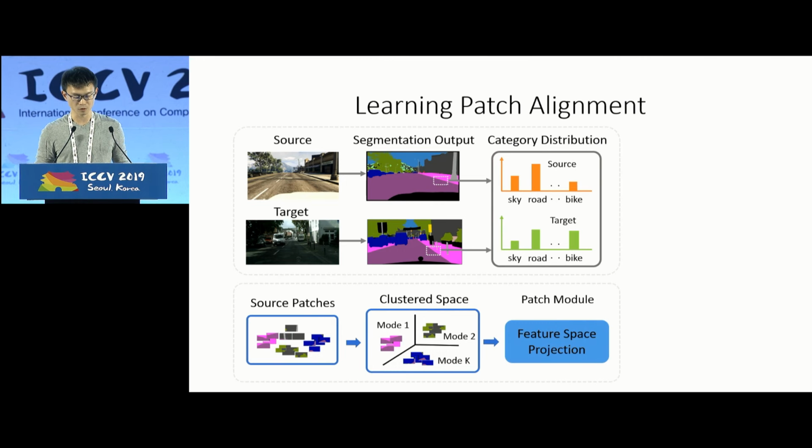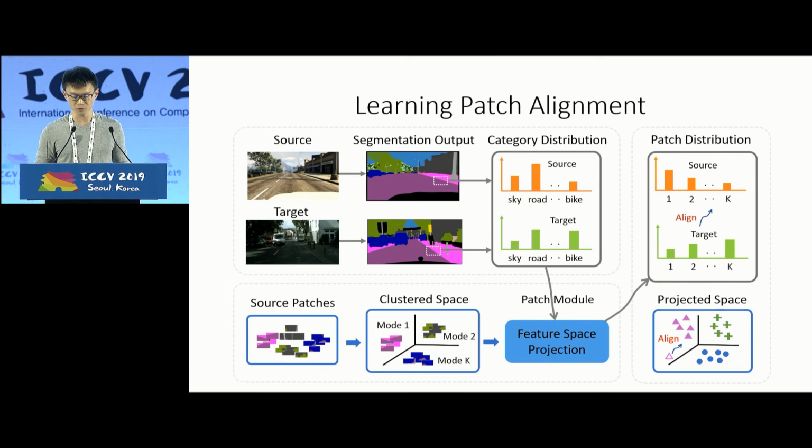For example, we may obtain 1 to k patch modes, and each of the modes could represent one type of patch, such as a road or a car. Then we can project the category distribution for each patch to this cluster space through our patch module. And then we perform a universal alignment on the patch level in this cluster space.